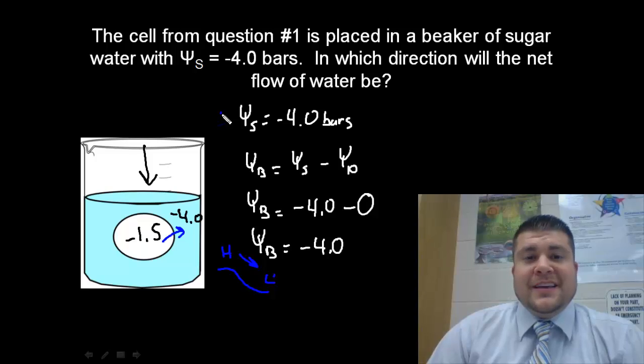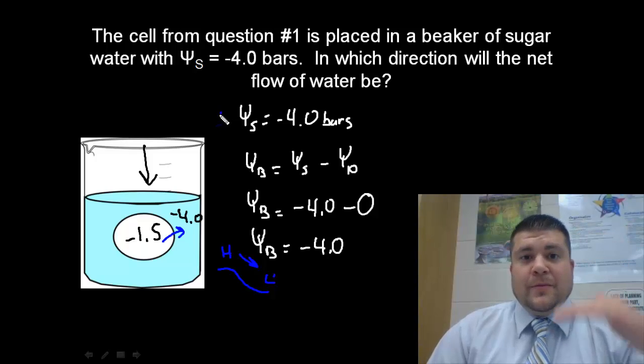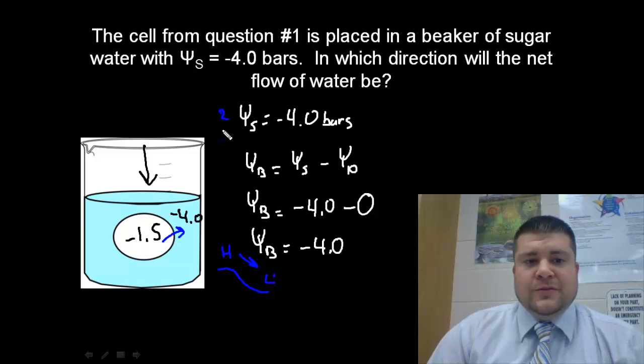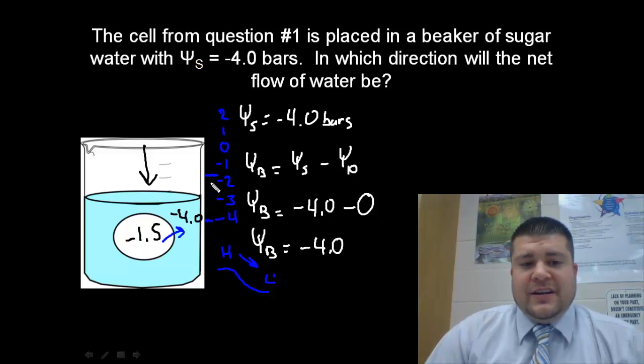This would also be the same as thinking about numbers in a linear format, where I'd have 2, positive 1, 0, negative 1, negative 2, negative 3, negative 4. I'm moving from a 1.5, which is a higher concentration, to a lower concentration here.